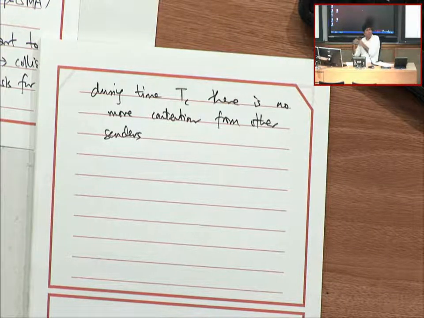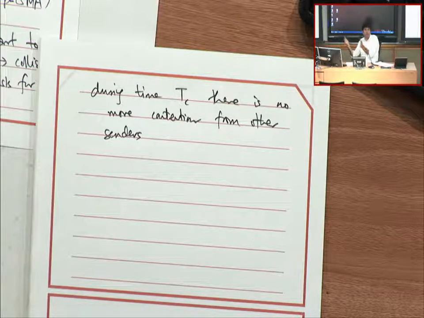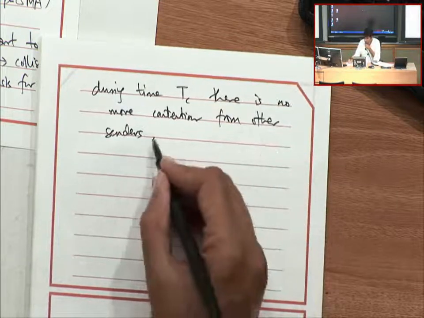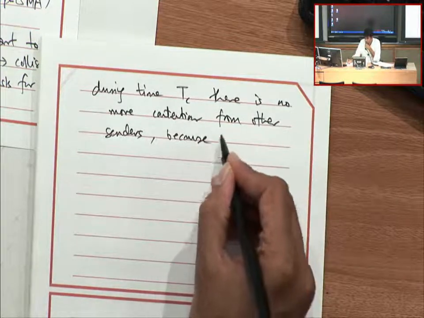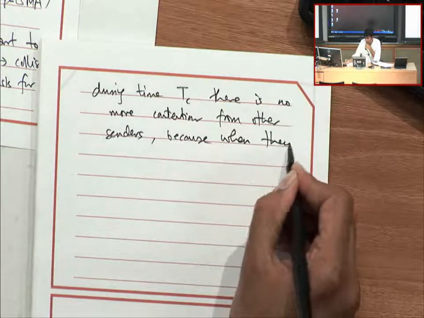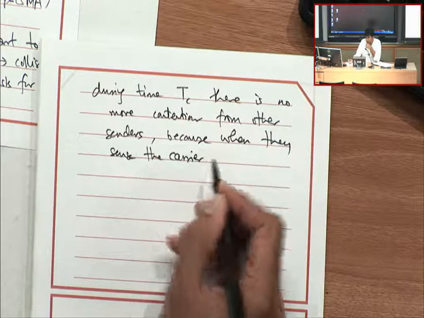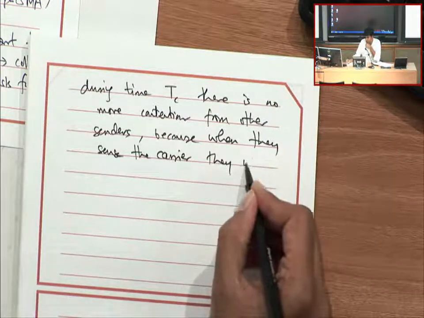The way in which CSMA ensures that is that before they try to contend again, they will check the channel. In this case, the channel will be busy because of the colliding packets in the air. So when those sources check the channel, they find that the channel is busy, and they won't transmit. There's no more contention from other senders, because when they sense the carrier, they will find it busy.